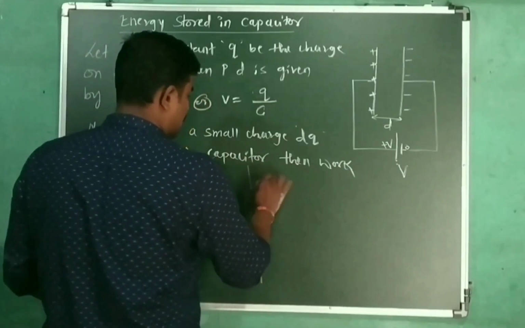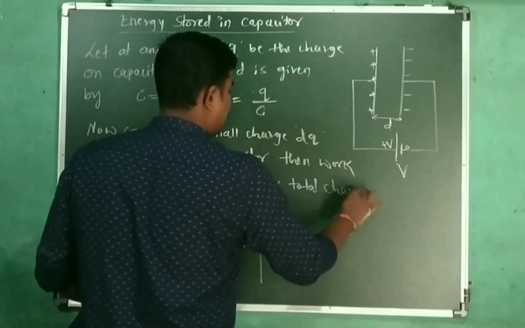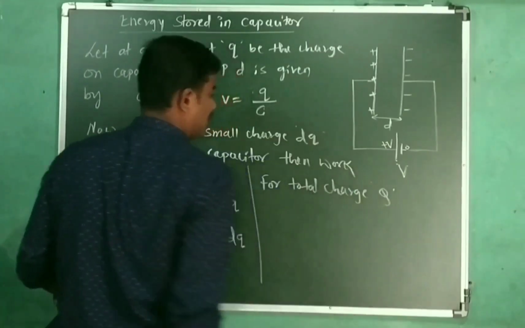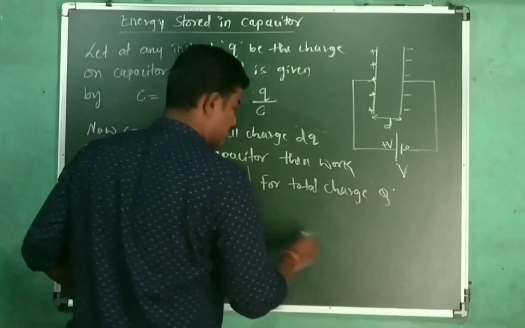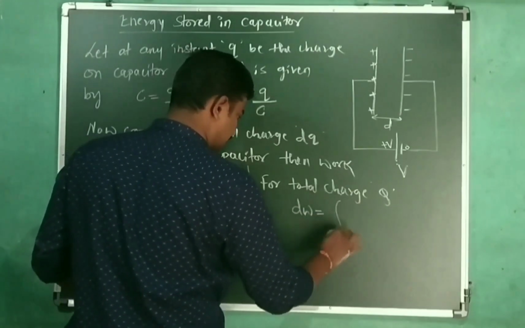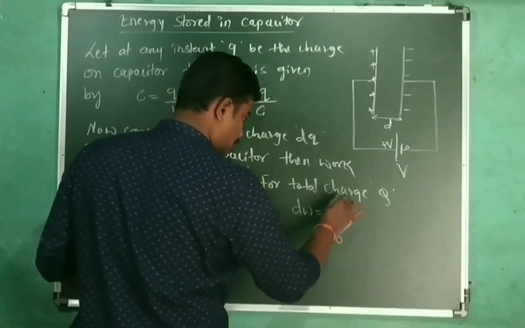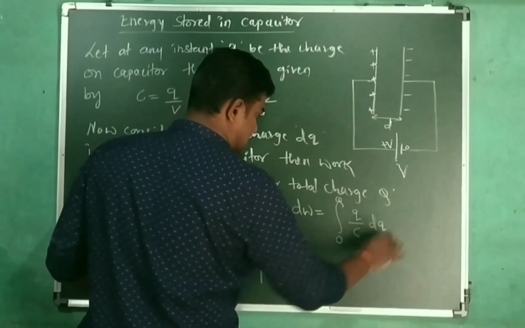For total charge of Q, from where to where? From 0 charge to Q charge. The work done is going to be W is equal to integration from 0 to Q of Q by C into dq.